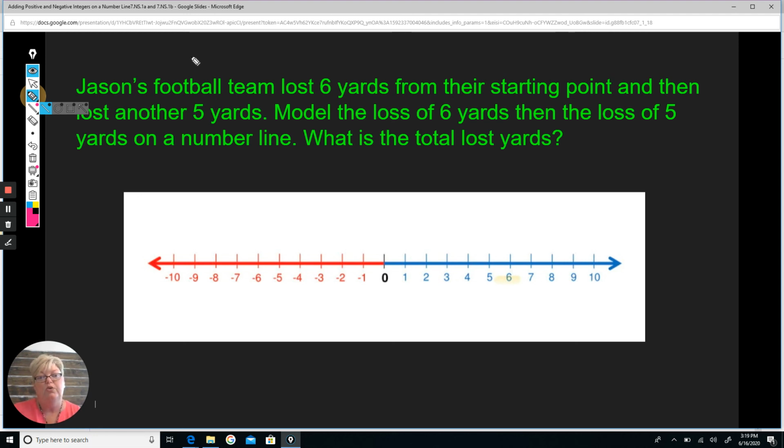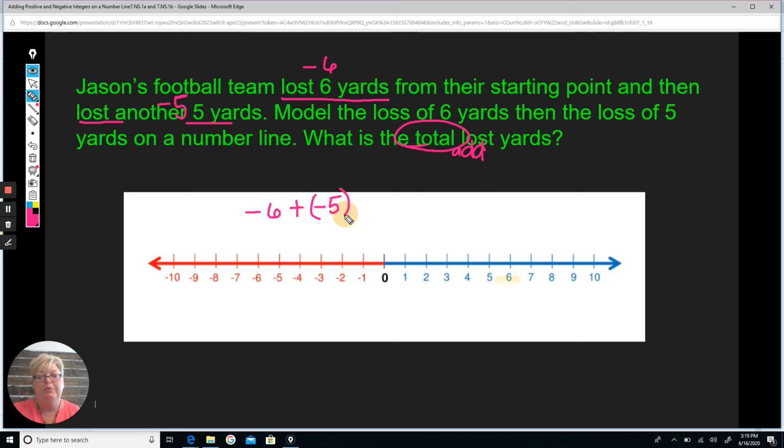What is the total lost yards? Well, we know that lost yards, that's a negative 6. And we also know that they lost another 5 yards. So a loss of 5 yards would be negative 5. And we're looking for the total, which tells me to add. So the problem would be negative 6 plus negative 5.